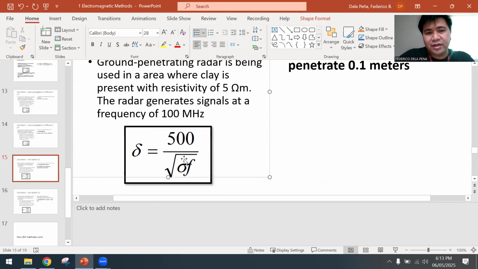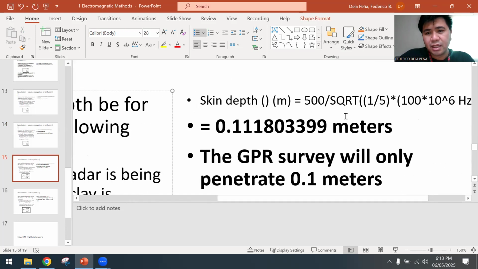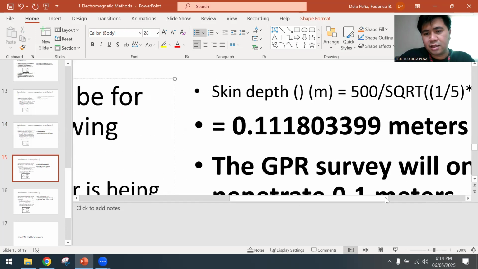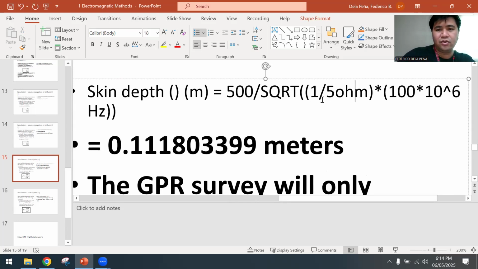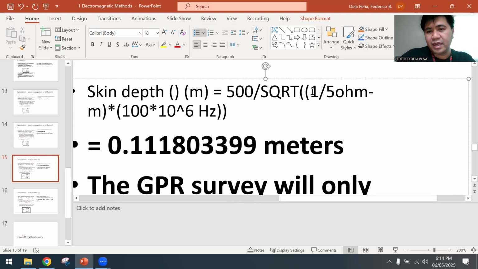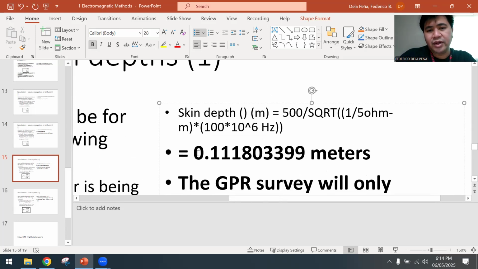Skin depth is 500 divided by the square root of conductivity times frequency. The resistivity is in ohm meters, the conductivity term is just the inverse of resistivity, and this one is the frequency. What you're going to get is something like 0.1 meters.